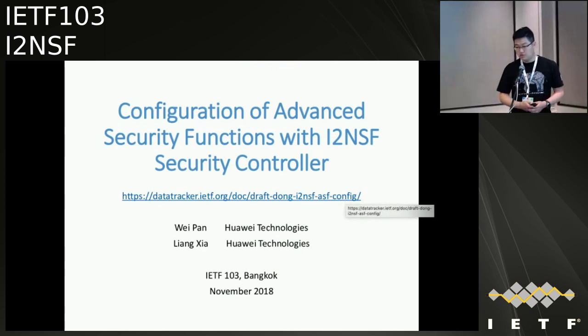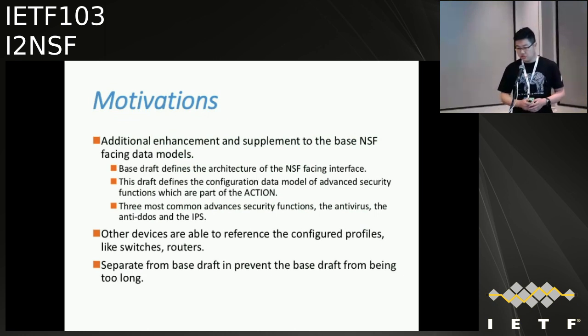Today I will introduce our draft, the configuration of advanced security functions with I2NSF security controller. I will introduce the motivations of our draft and the relationship between our draft and the base NSF facing interface data model draft.